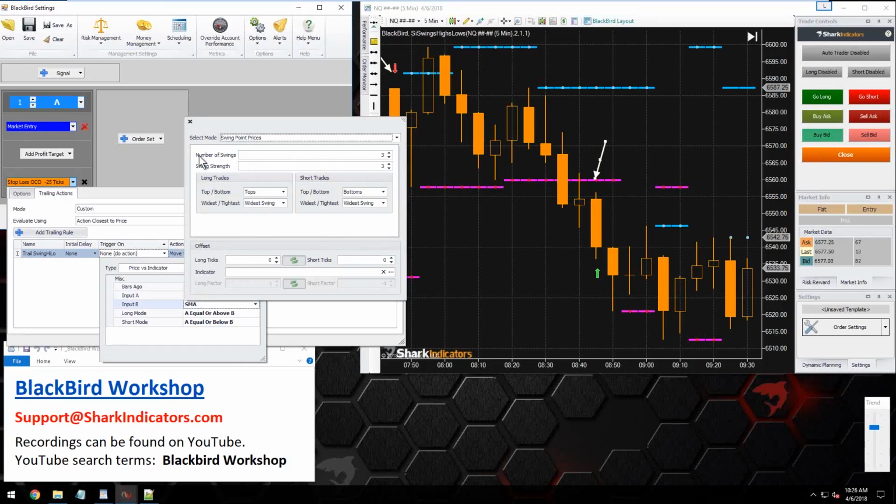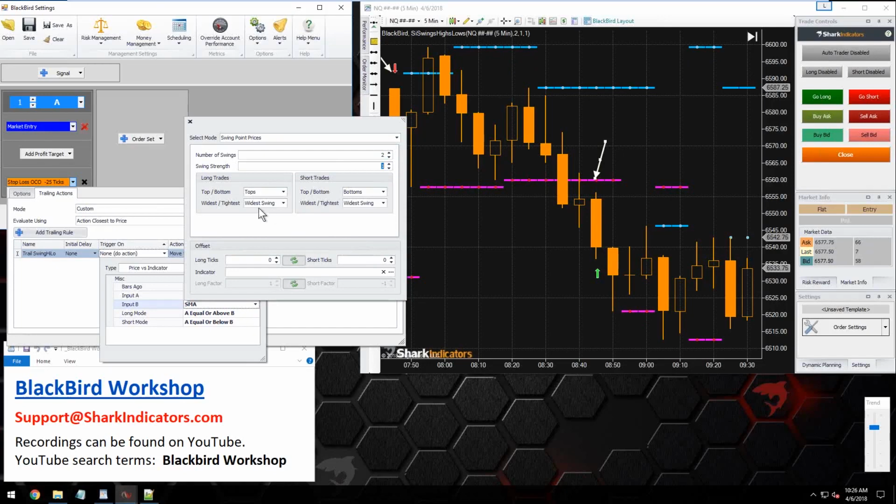It's just built in with a custom kind of interface here. But you can see that it has number of swings and a swing strength, which are the two settings in the swing highs lows indicator here. So let's set up these settings the same here. On the chart, I set the number of swings to 2, and the swing strength being used is 1.